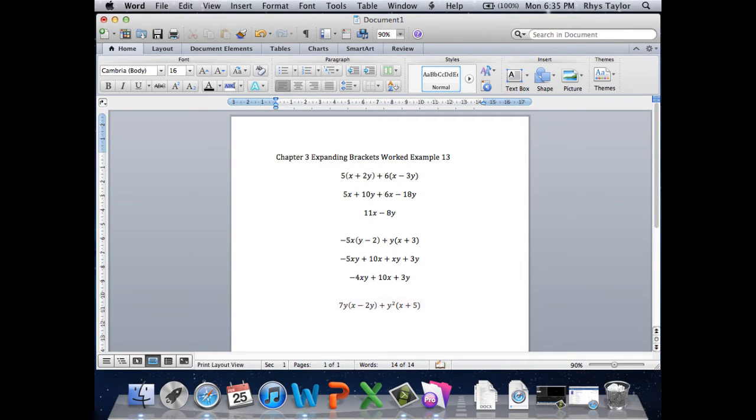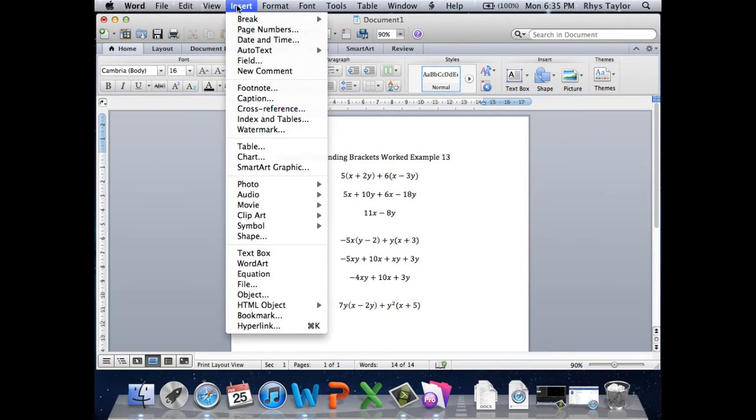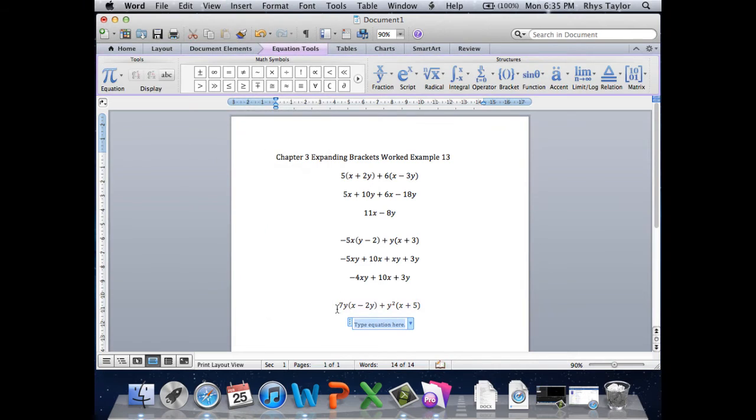Ooh, here we go. Here's something tricksome. Alright. It thinks it's tricky, but it's not. 7y times x. Well, that's just 7xy. 7y times negative 2y. Positive times a negative makes a negative 14. And I've got the two y's in this multiplication, so that gives me y to the power of 2. 2 y's in a multiplication makes the power of 2.